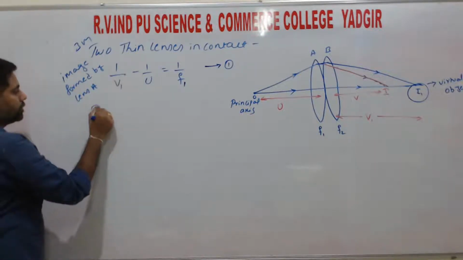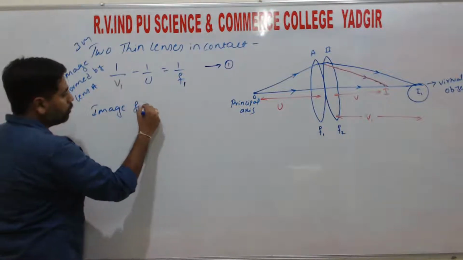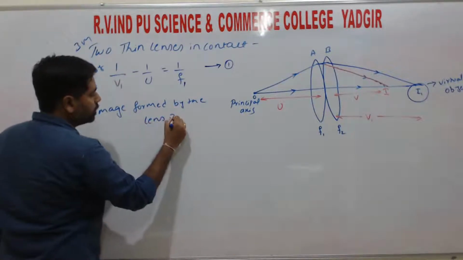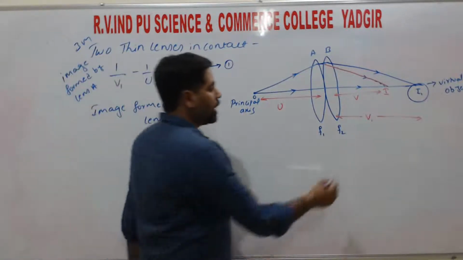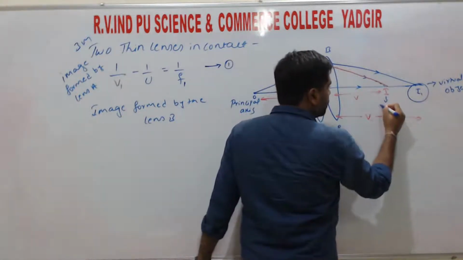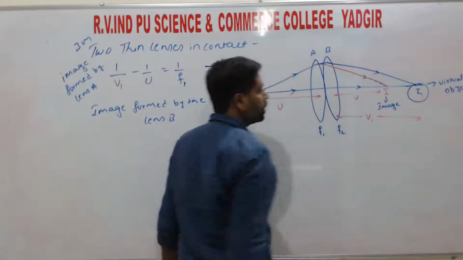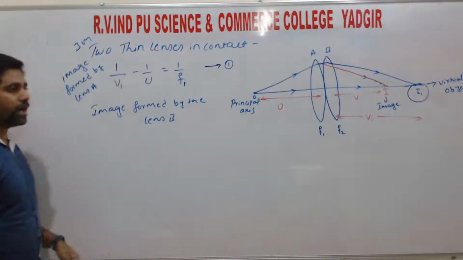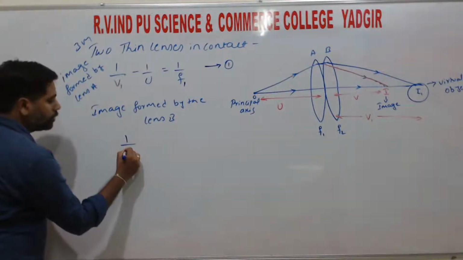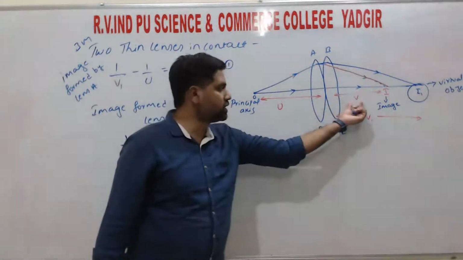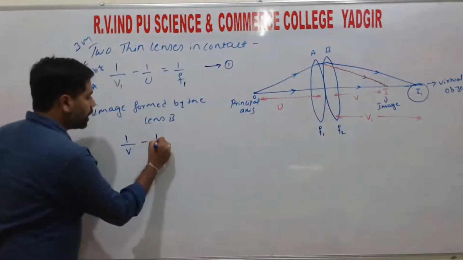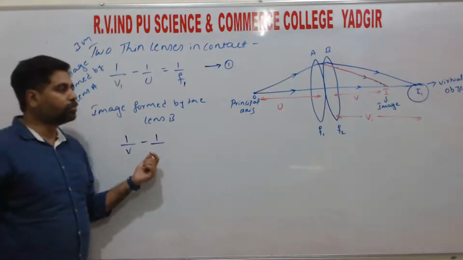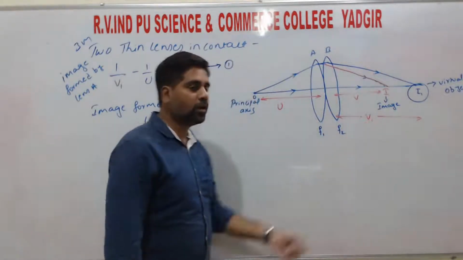The next one is the image formed by the lens B. Here I1 is the virtual object and here I is the image, which is formed by the second lens B. If we write the lens formula, 1 by v minus 1 by u, where u is the object distance, here the object distance is v1.